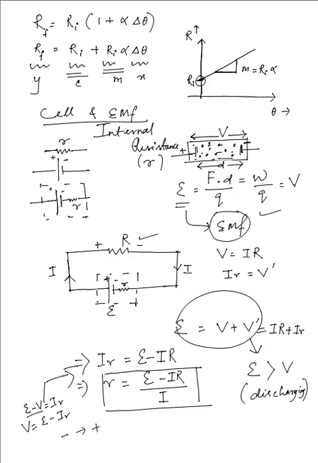As a result, the equation changes to E plus Ir is equal to V. And here, as you can see, V is greater than E, and this is the case of charging of a cell.